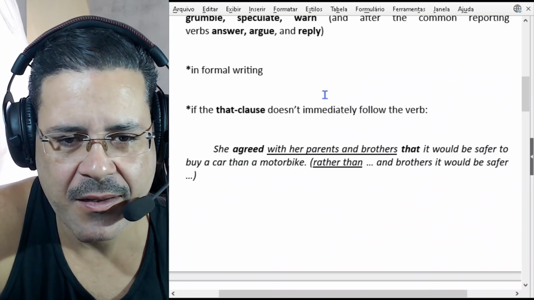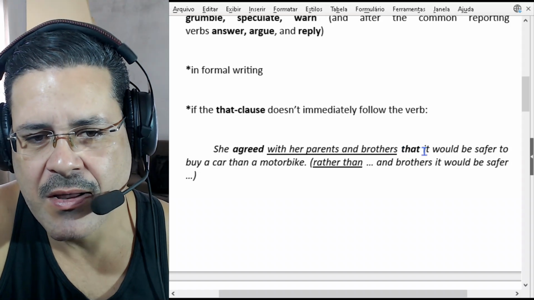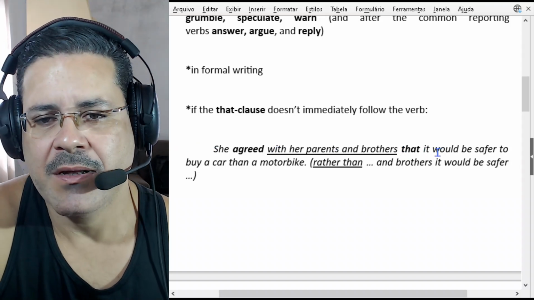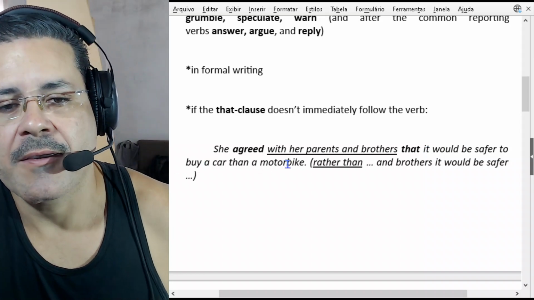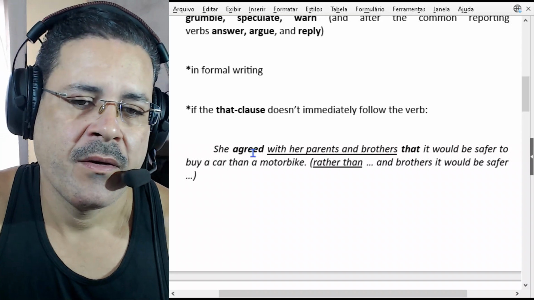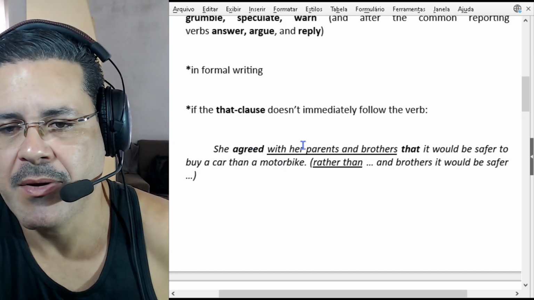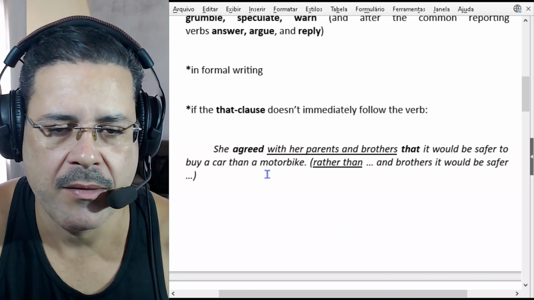But in that case, it's long after, so we've got to use that. Basically, she agreed with her parents and brothers that it would be safer to buy a car than a motorbike. So if we want to report that, we might say something like, asked about what would be better in terms of buying a car or a motorbike.